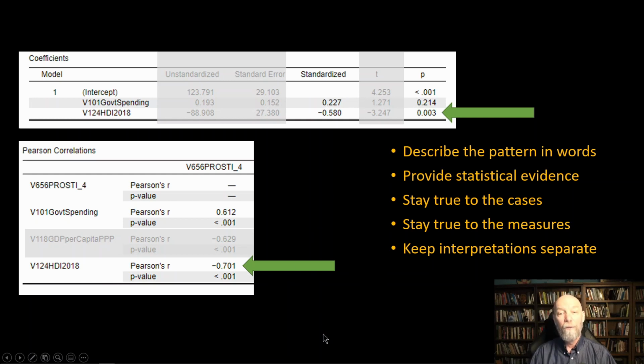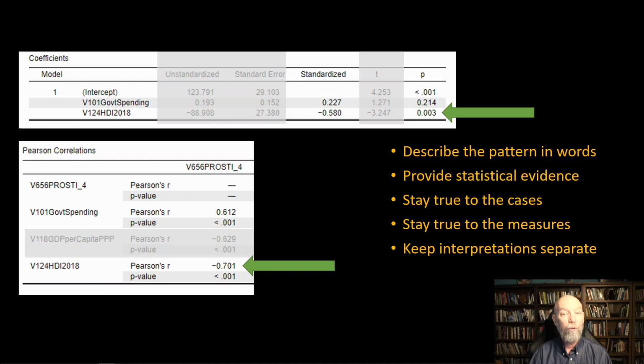We could write up for government spending, what did we have in the original bivariate? We had a strong, positive, significant result. And what did we have for the multivariate result after controlling for HDI? We had a weak, positive, not significant result.